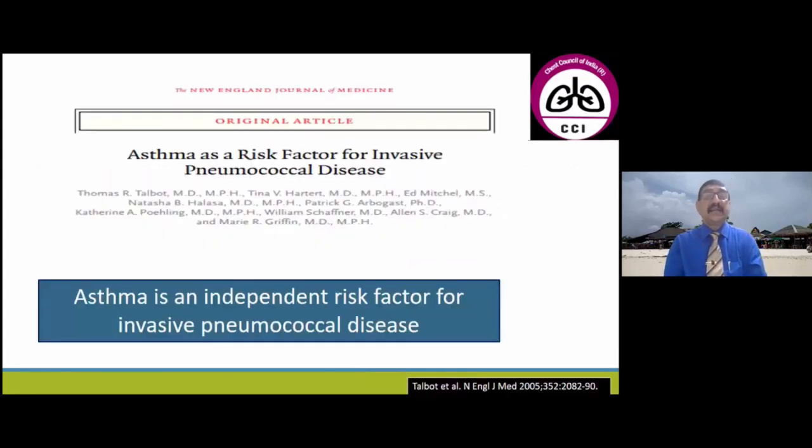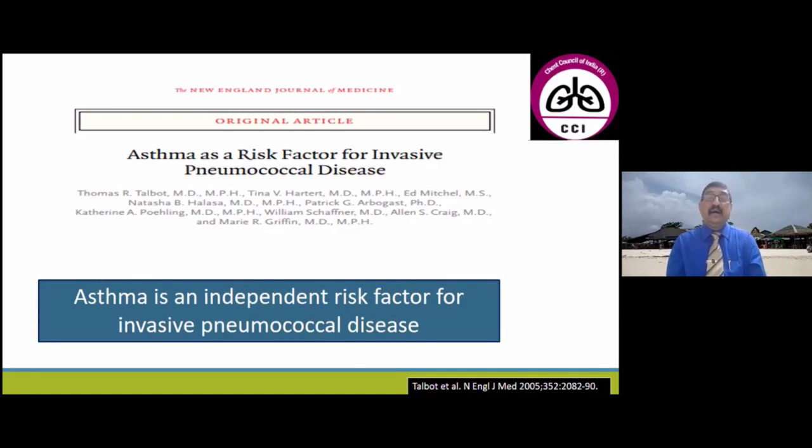So asthma as a risk factor for invasive pneumococcal disease. Asthma is an independent risk factor for invasive pneumococcal disease. Should you give a pneumococcal vaccination to an asthma patient? Routinely, it is not required. Even the GINA guidelines say that a routine pneumococcal vaccination is not required for asthma patients.